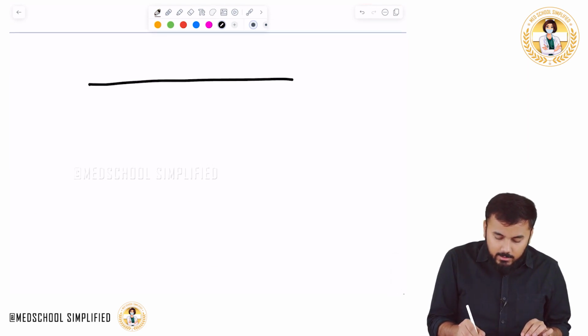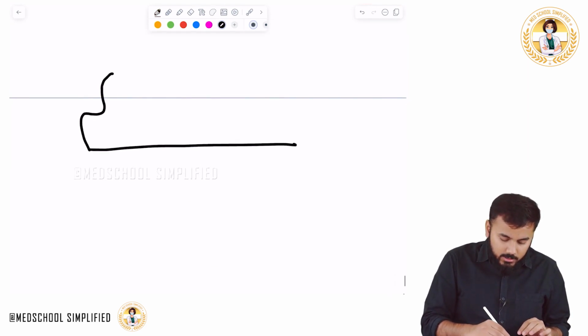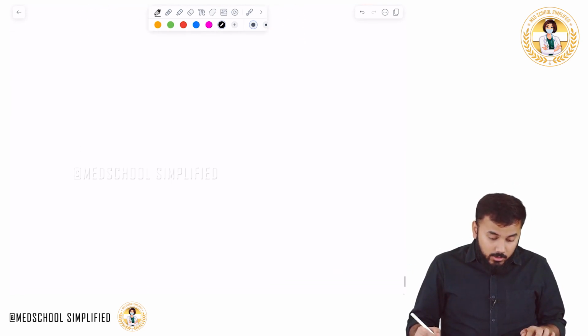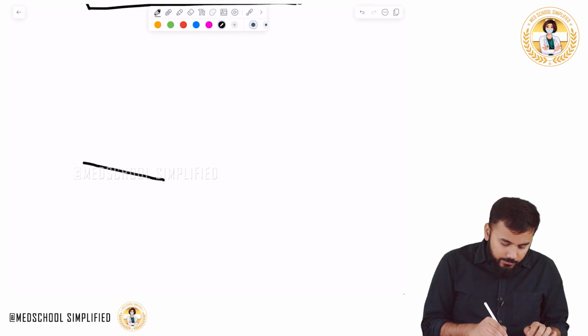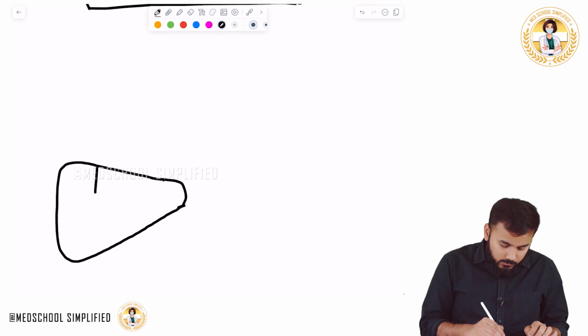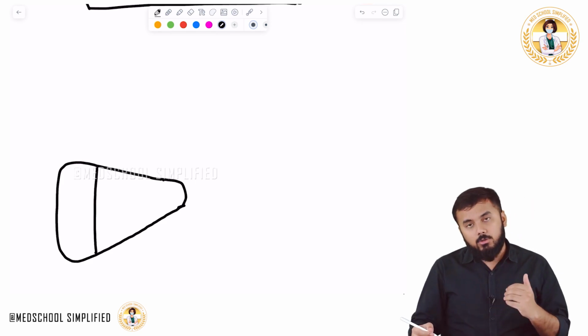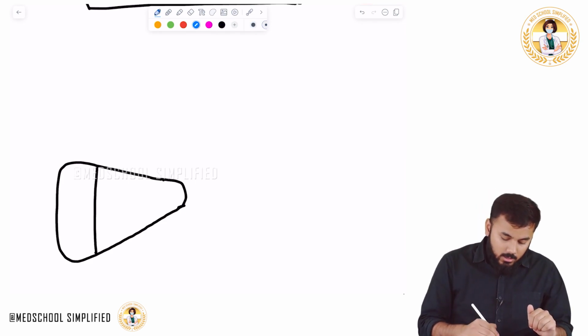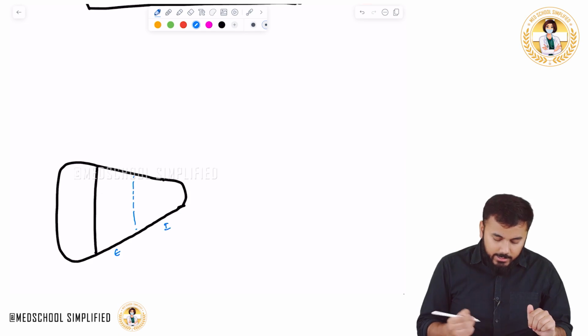Let us say that this particular structure over here is your cortex. Now down to the cortex over here, you have got this structure like this. What is this structure? This is globus pallidus in the front, and on the back here you have got putamen, and this is globus pallidus externus, globus pallidus internus.